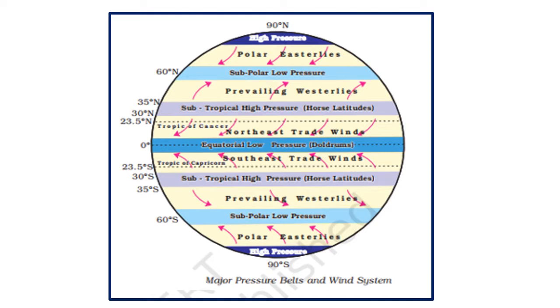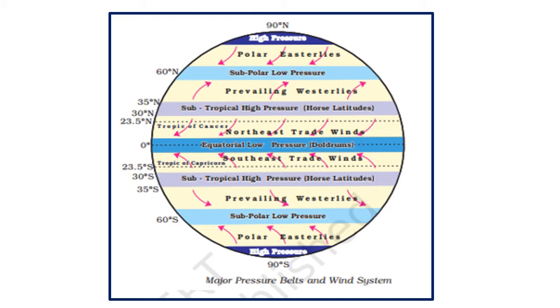So on heating, air expands and rises up. Rising up means it exerts less pressure. So this belt, on both sides of the equator between 5 degrees north to 5 degrees south, exerts low pressure, and the belt is called the equatorial low pressure belt or doldrum.